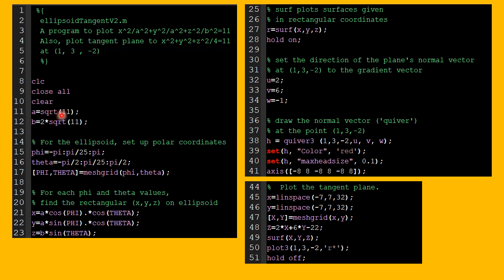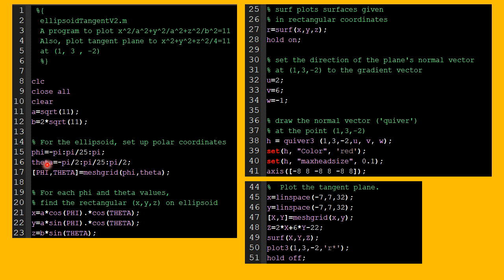We'll let a be square root of 11, let b be 2 times the square root of 11, because we're looking at x squared over a squared plus y squared over a squared plus z squared over b squared equals 1. First, I'll let the variable phi have the following array. It goes from minus pi to pi in steps of pi over 25.